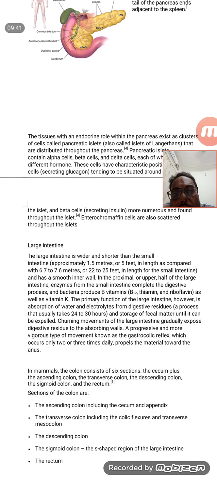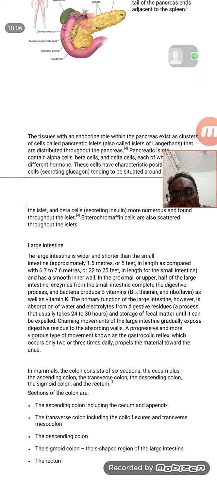And next comes the large intestine. The large intestine is wider but shorter than the small intestine, and it is the last part of the alimentary canal. Almost we are reaching the end of the alimentary canal. The large intestine is the area where the bacterium Escherichia coli is present.